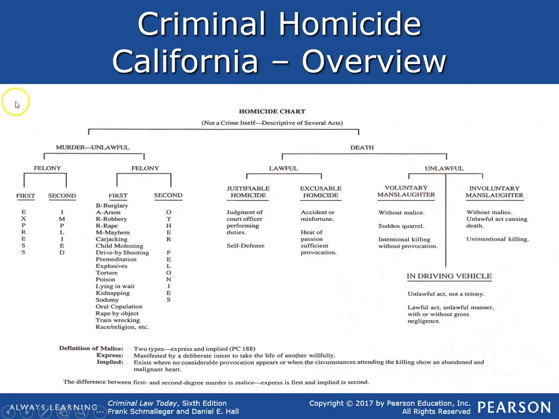And we'll get into that more as we go through the chapter, but this will help you separate these categories and underneath give you an example of what a lawful death could be, what an excusable death could be, and what an unlawful death in a couple of different circumstances could be. So we'll get more into that, but let's jump into our lecture.